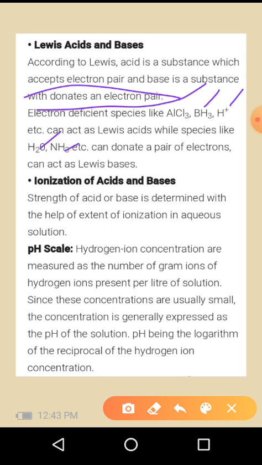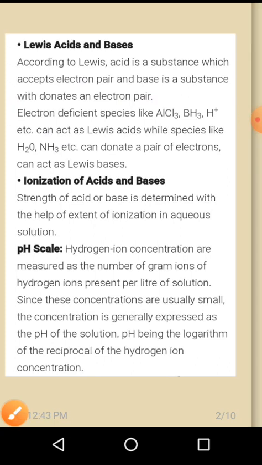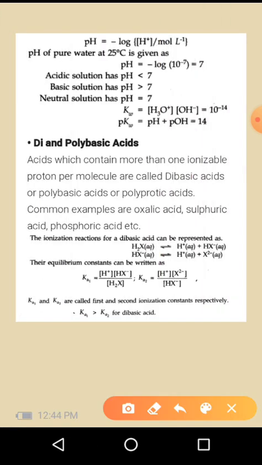Since these concentrations are usually small, the concentration is generally expressed as the pH of the solution, pH being the logarithm of the reciprocal of the hydrogen ion concentration. So pH is equal to minus log of H plus, in terms of mole per liter.